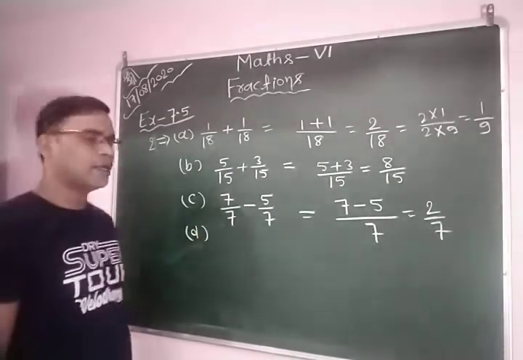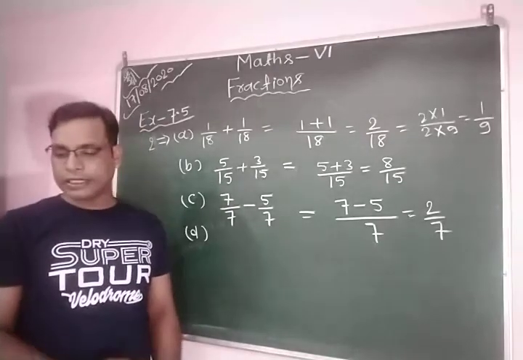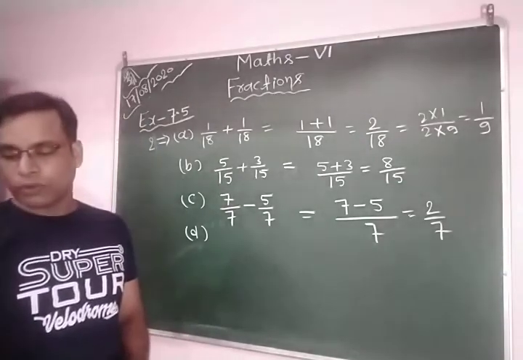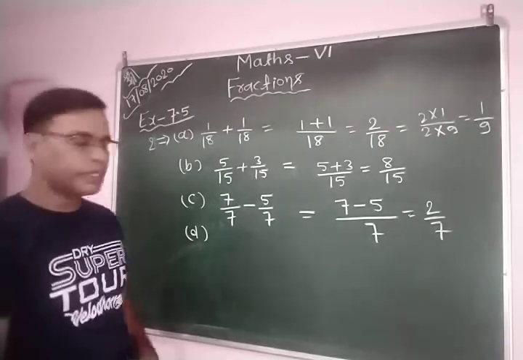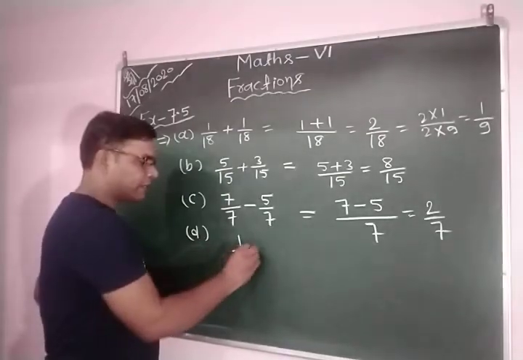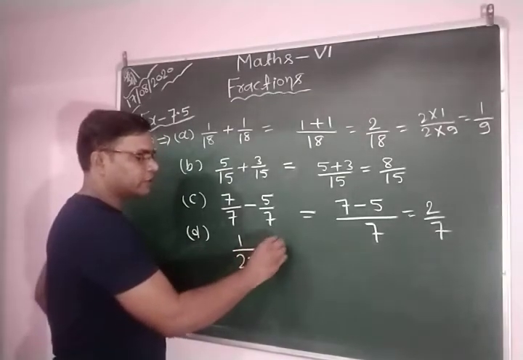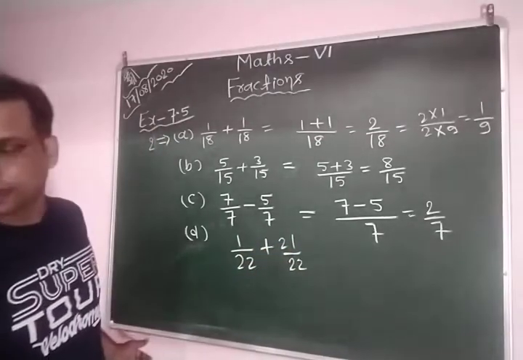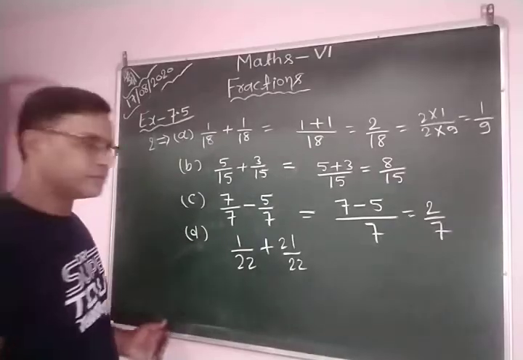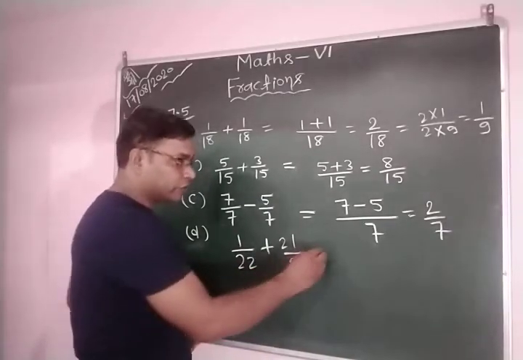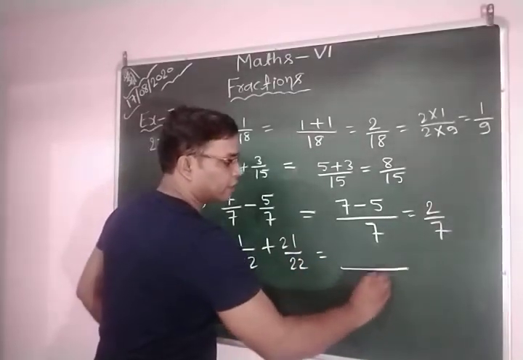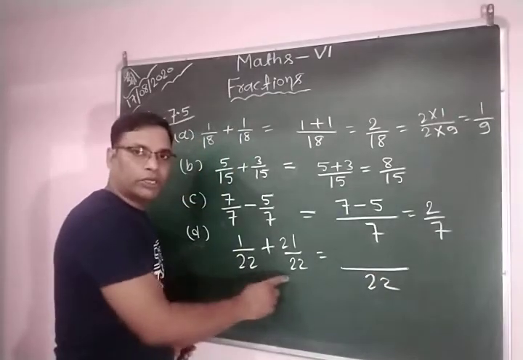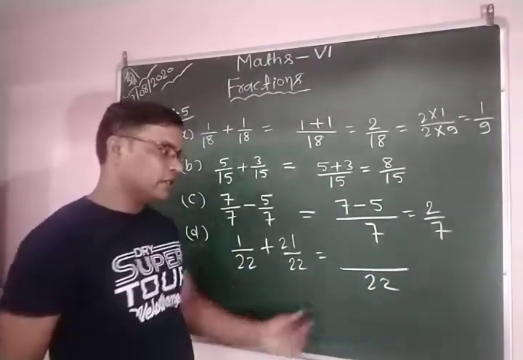Okay, now D part. D part of question number 2 is 1 by 22 plus 21 by 22. So here you can again see the denominators of both are equal, so you can write 22 here.